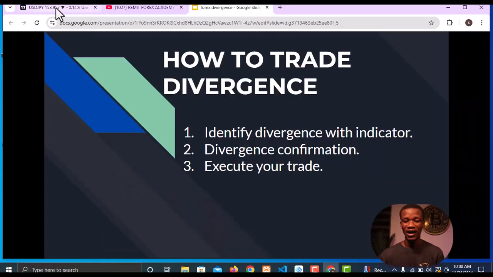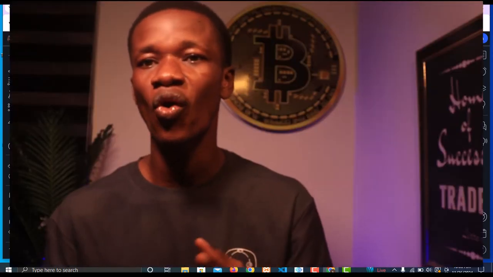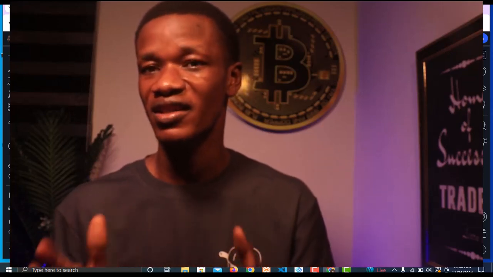And if you look at this very area as well, this very methodology, I do it on the 1-day chart, is also applicable on the 1 hour chart, 4 hour chart, and 1 week chart. But a quick note is that divergence on the higher time frame is stronger compared to divergence on the lower time frame.